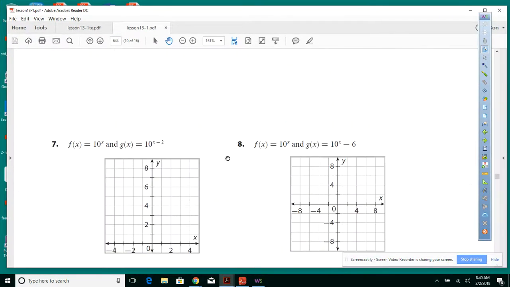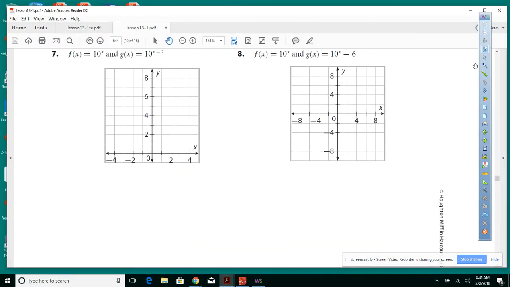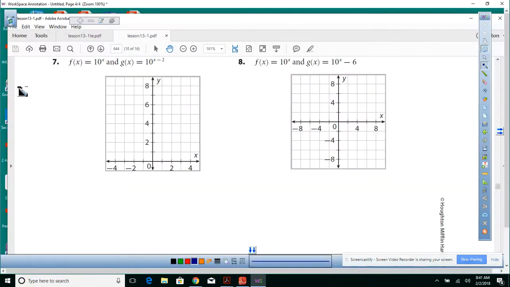Looking good. Number 7. Oh, now we're going to do a little bit. So we got A equals 1, B equals 10, H equals 2, and K equals 0. So we got H and then A plus K. So what is H? H is 2, and then A is 1 plus 0, so 2, 1. So we got 2, 1 is right there.